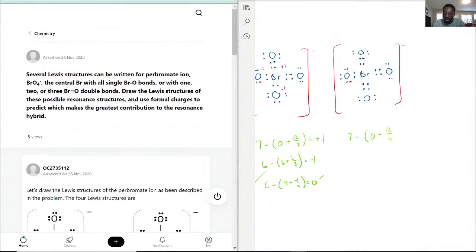Oops, not 12, sorry about that. Now if you counted it, it's 4, 8, 12, 14. And now we finally get bromine to be 0.